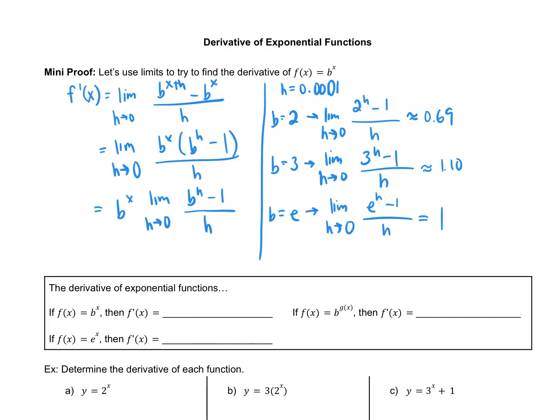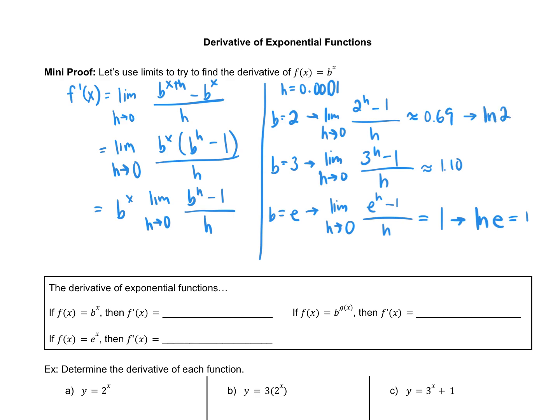Well, we know that ln of e is equal to 1 because ln is the natural logarithm where the base of the log is e. So it's like log base e of e, that's equal to 1. Let's see if ln of 2 or ln of 3 is equal to the values that we got.